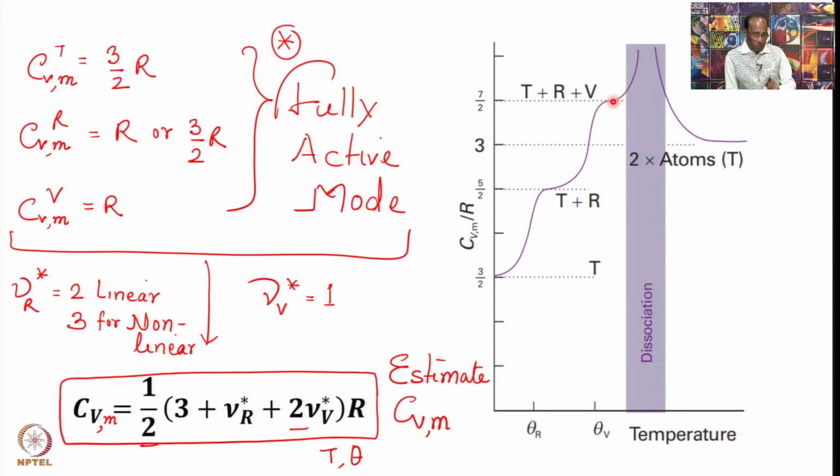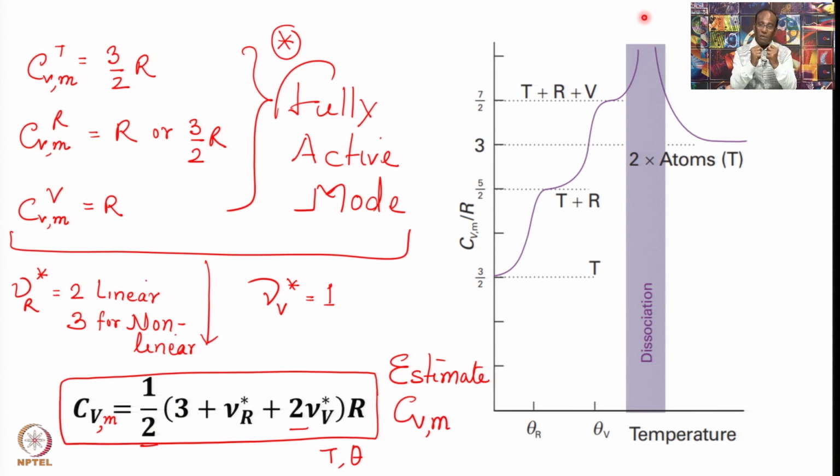So what we have discussed: you start with 3 by 2 R, 1 R adds up for a linear rotor, so 5 by 2 R. Another R adds up for vibration if the temperature is high enough, 7 by 2 R. Now you keep on heating. You have a diatomic molecule, and vibrations are fully set up. What happens when you further increase the temperature?